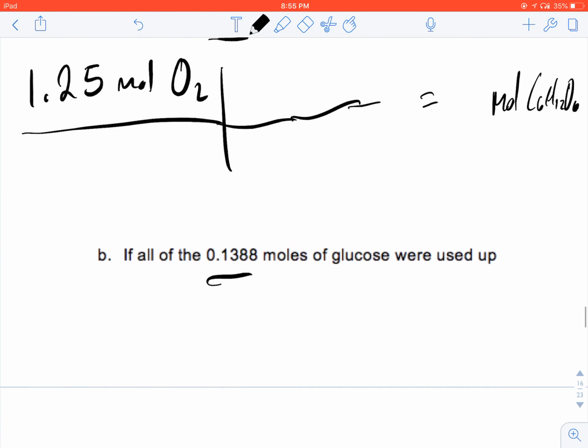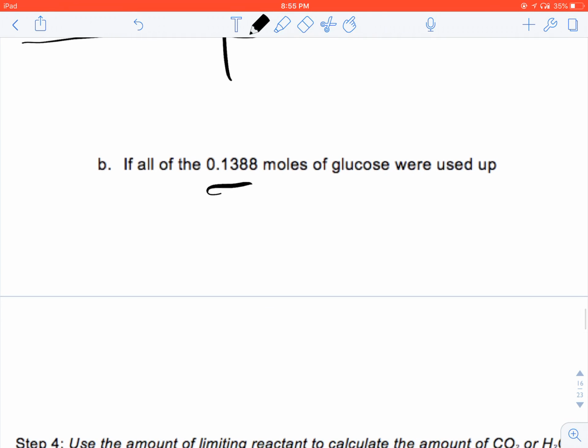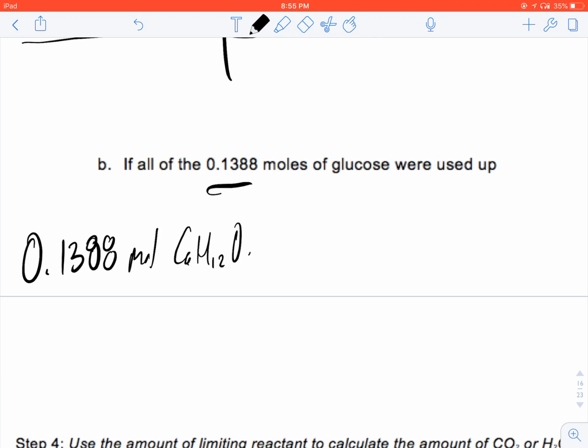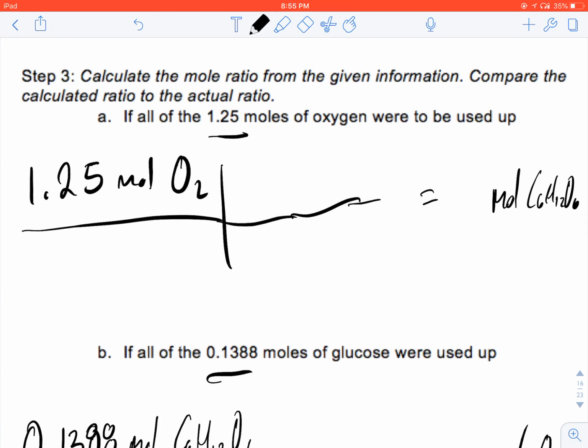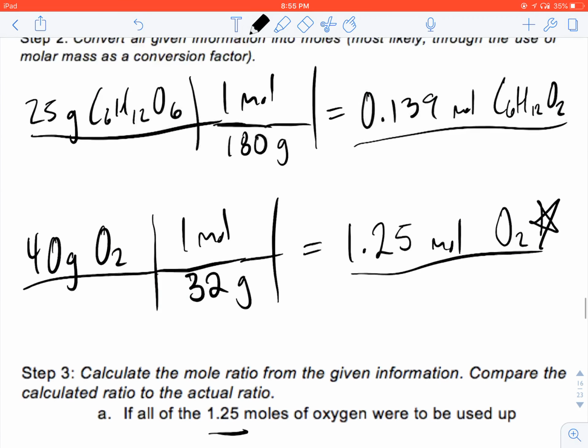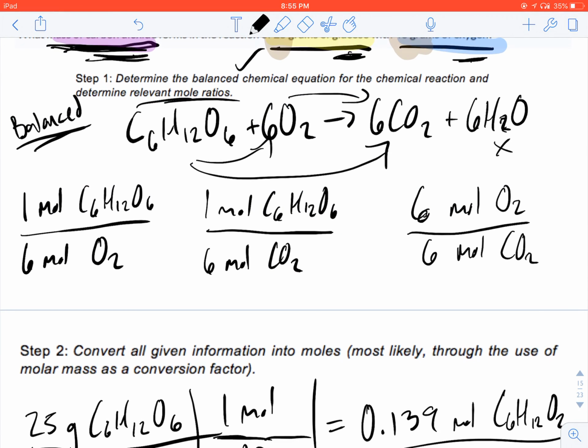And we're going to do the similar thing down here. Instead, we're going to start with the glucose amount that we are given. Oops, not grams. Come on. And we're going to want to get to moles of O2. So, how do we do this? We need our mole ratios, and what compares glucose and oxygen is this mole ratio right here.